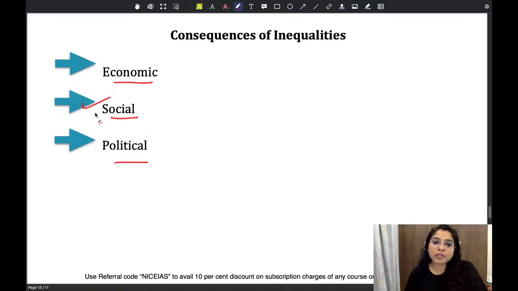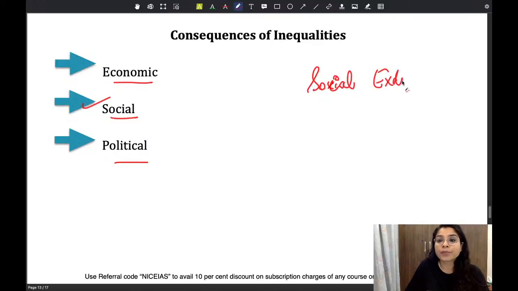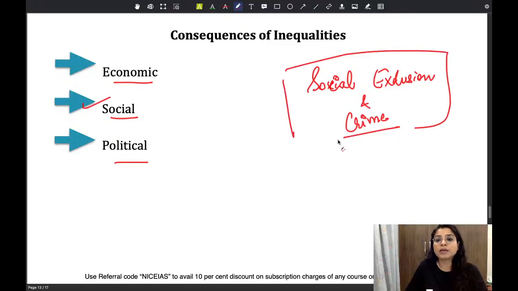Then social consequences. Again, these inequalities in the society lead to cumulative social effects. There is exclusion, there is discrimination, and this exclusion and discrimination can sometimes lead to unrest and crime. In sociology, we often read a topic that is social exclusion and its relation to crime, and how these two things are related.